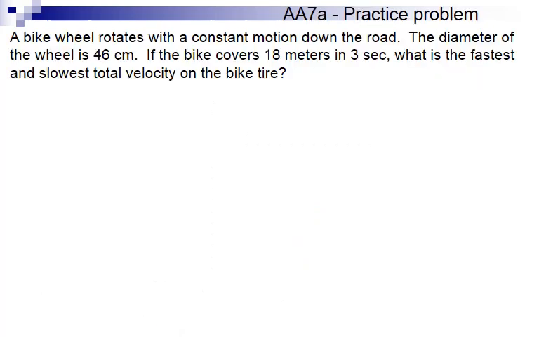All right, so now we can explore this a little bit more. We have a bike wheel that's rotating with a constant motion down the road. Diameter of wheel is 46 centimeters, and the bike covers 18 meters in 3 seconds. So we want to find out what's the fastest and what's the slowest total velocity in the bike tire. So we can fully work through that now.